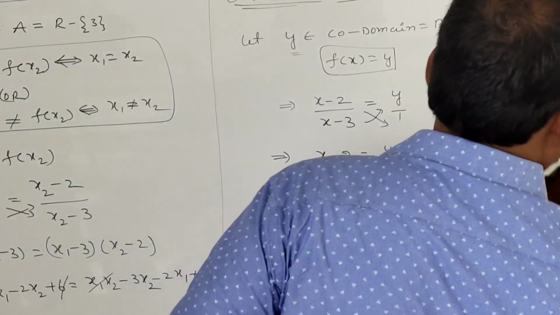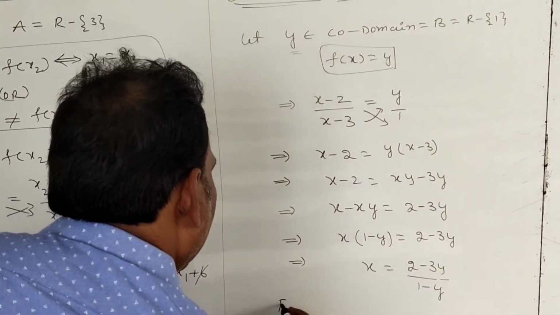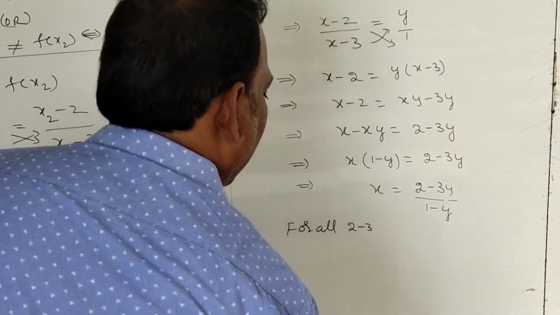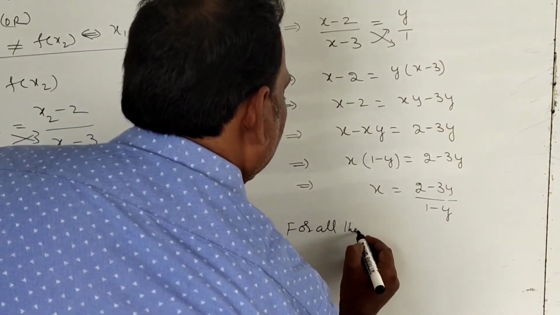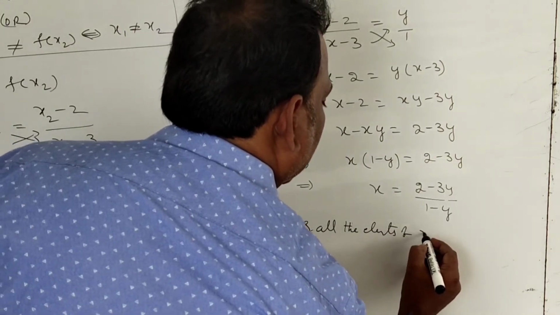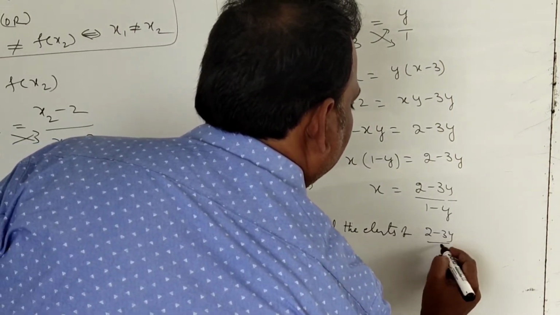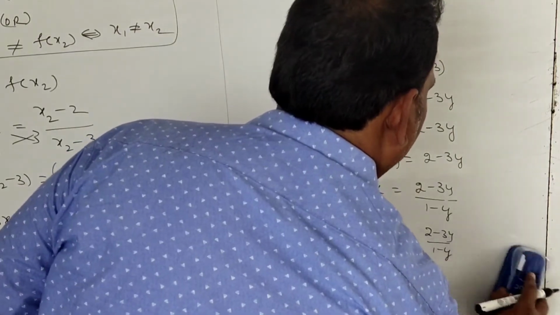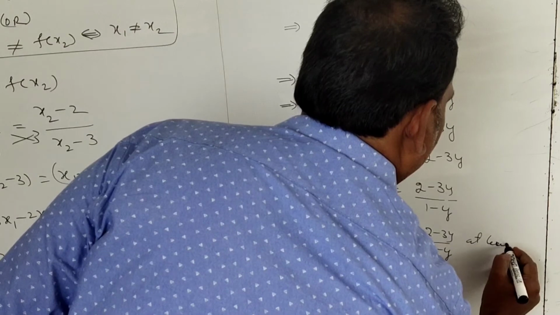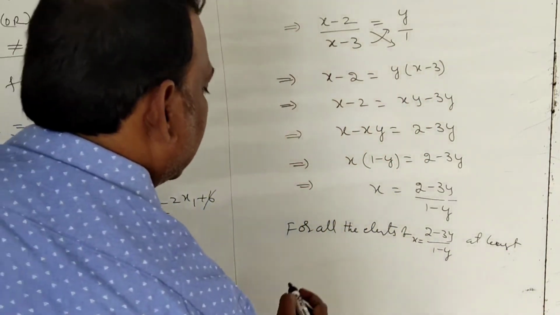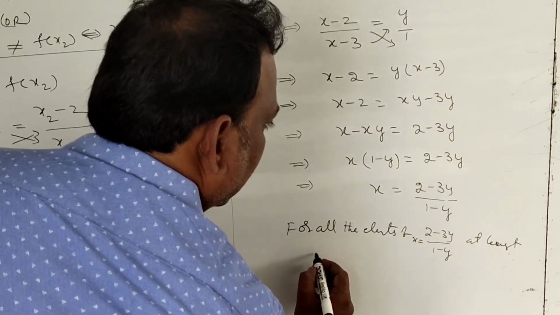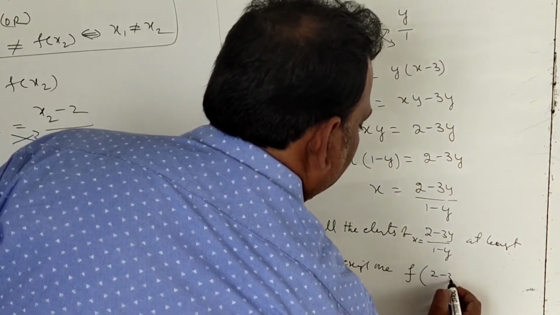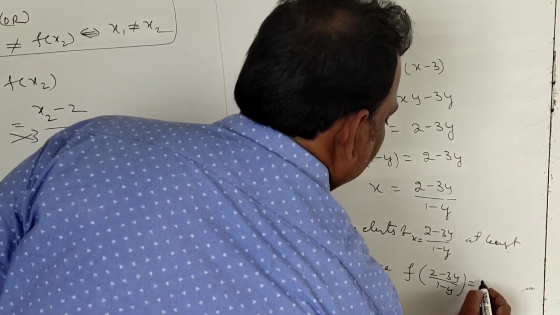That's why what we are going to write here: for all elements y, x equal to 2 minus 3y by 1 minus y, there exists at least one x such that f of (2 minus 3y by 1 minus y) is equal to y.